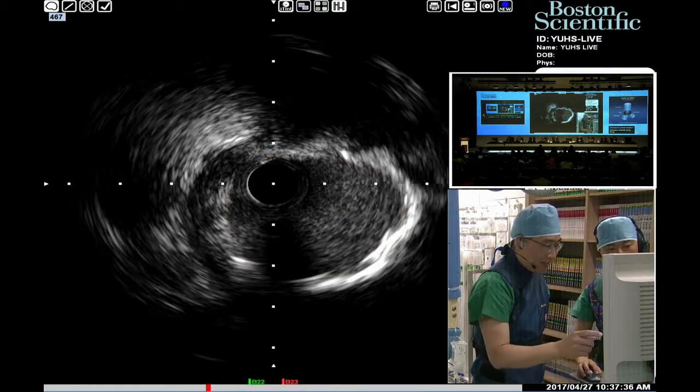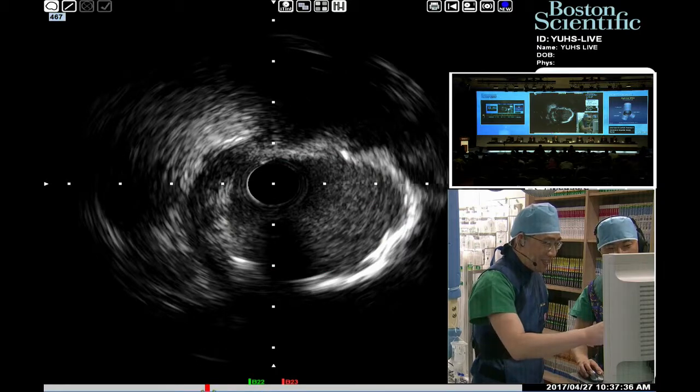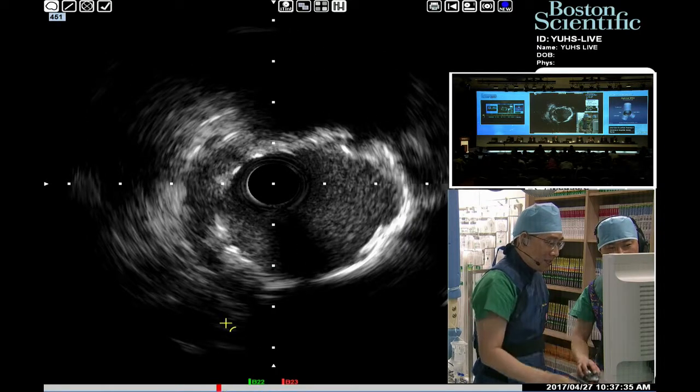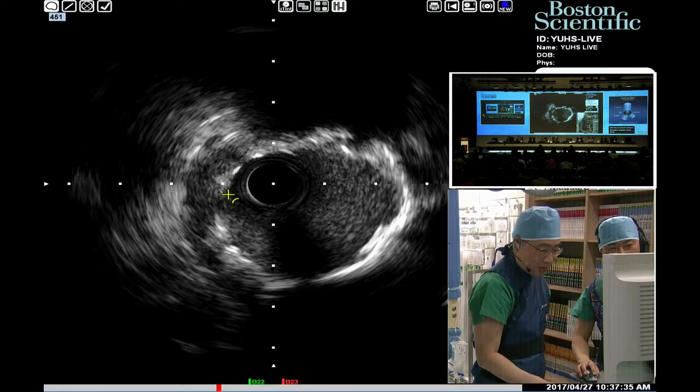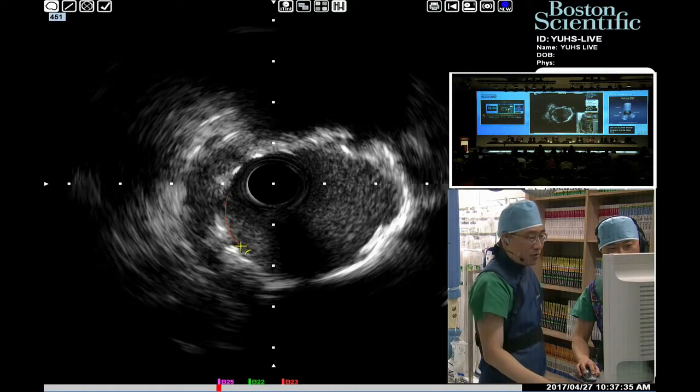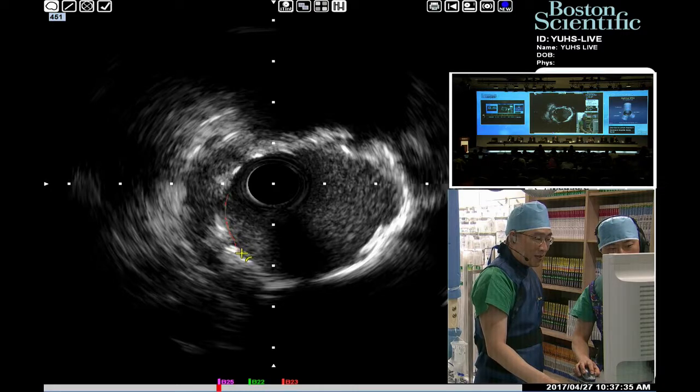I will check again. There's some mistake. Yeah, this one. So previously we measured 8.2. But this part is a very calcified area. It has lots of calcified plaques, so I think it's not so much enlarged after, even with post dilation.